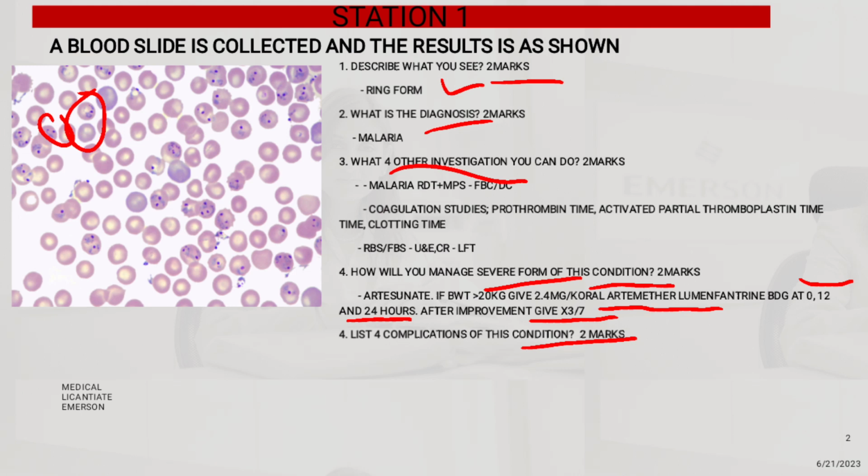Then you might ask, if the body weight is less than 20 kg, then you give 3 milligrams per kg of artesunate, same as 0, 12, 24. Then after the patient improves, you can do MPS and check again, or you can even continue artesunate IV once daily if the MPS is not improving.